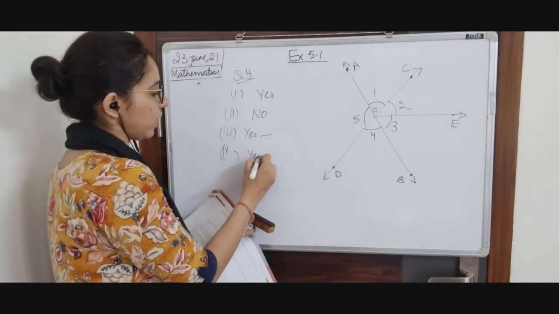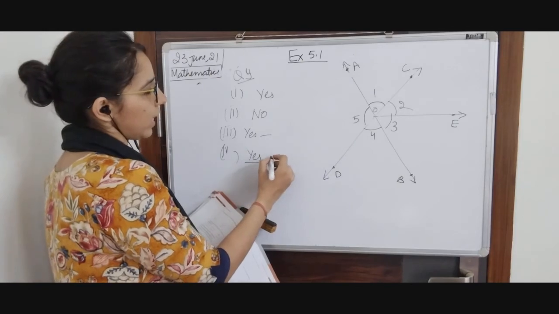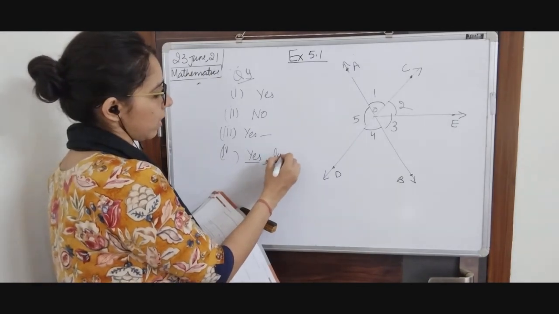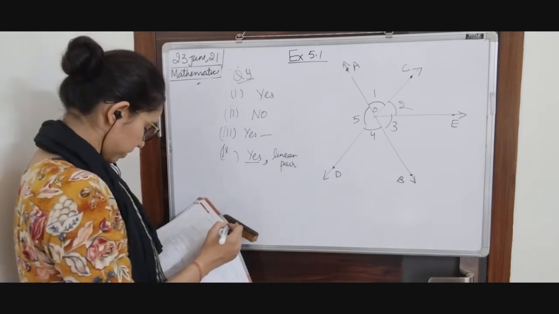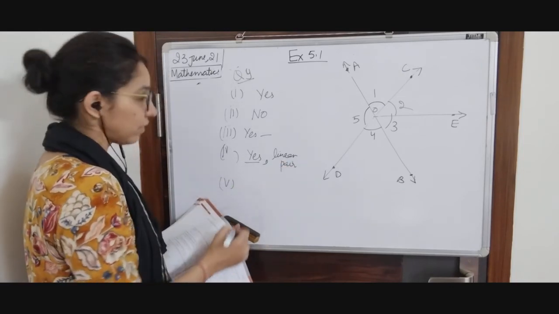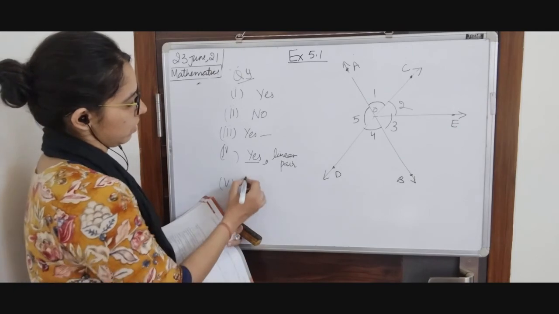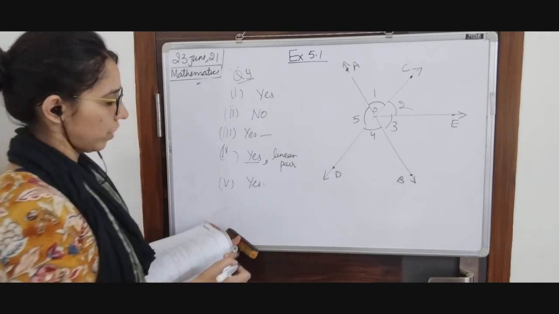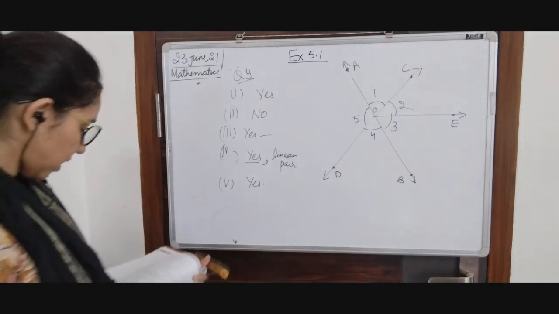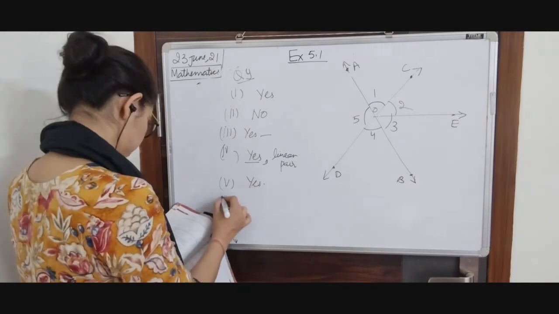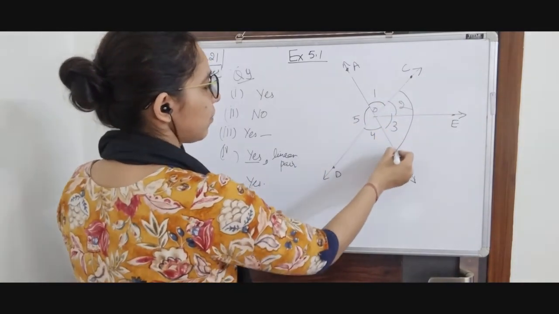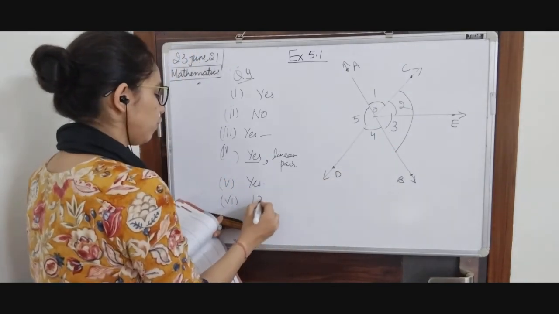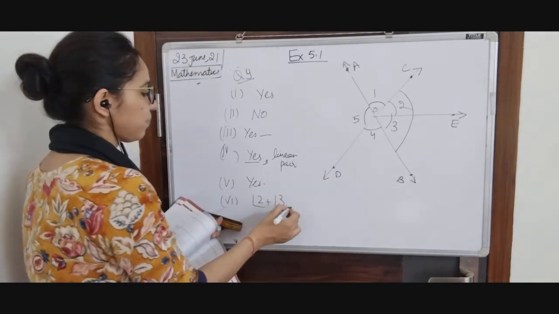Yes, because they are lying on a line. They are forming a linear pair. Fifth, is 1 vertically opposite to 4? Yes, by the definition of vertically opposite angles. And what is the vertically opposite angle of angle 5? It will be this angle, which will be angle 2 plus angle 3.